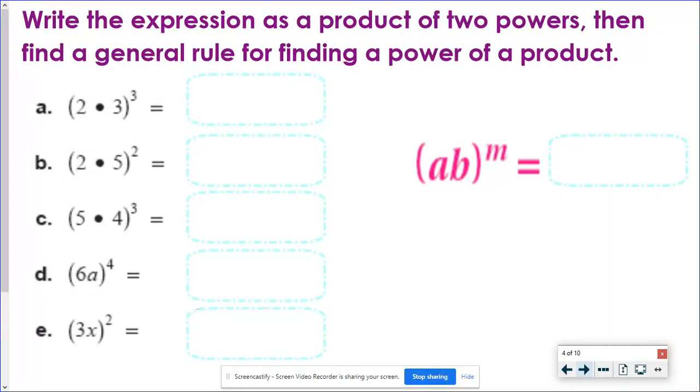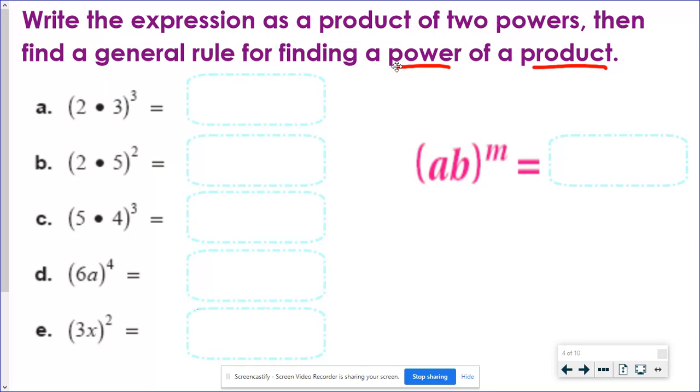This one, instead of a power, an exponent on something that already has an exponent, this is a power, an exponent on something that was multiplied, right? So if you'll notice in this one, I've got stuff inside parentheses because I've got some multiplication on the inside. Thinking about order of operations, we would typically have to multiply that first, but I want to be able to write this with exponents instead of just evaluating.